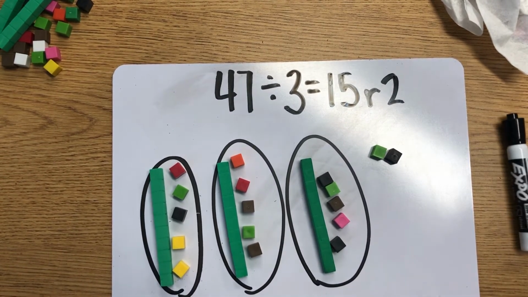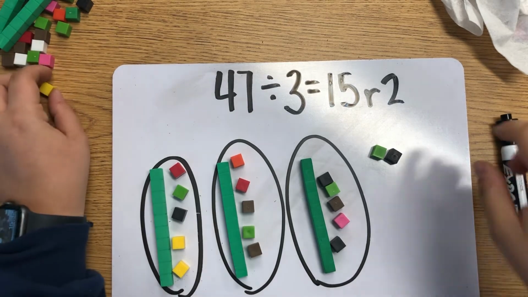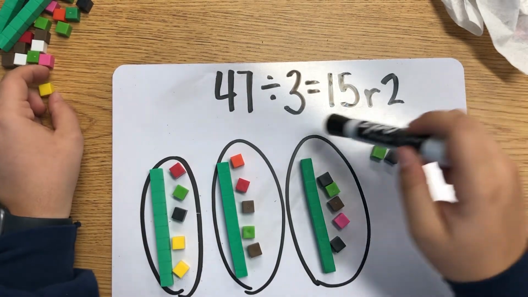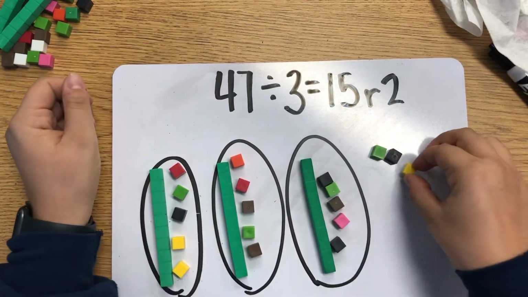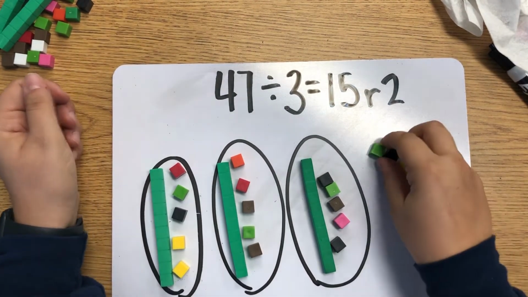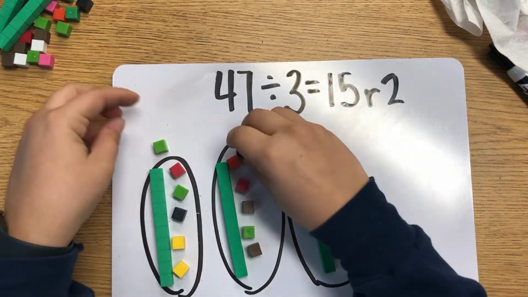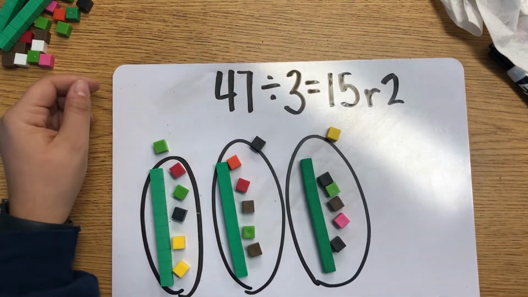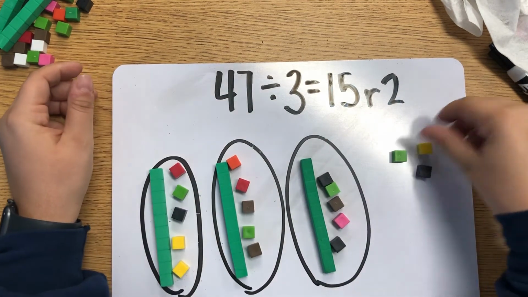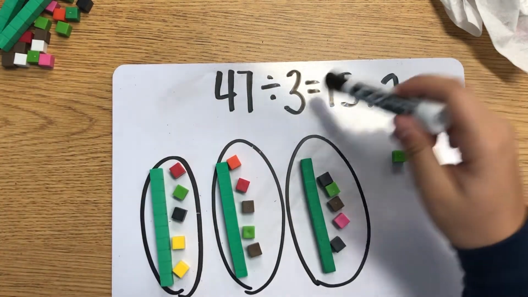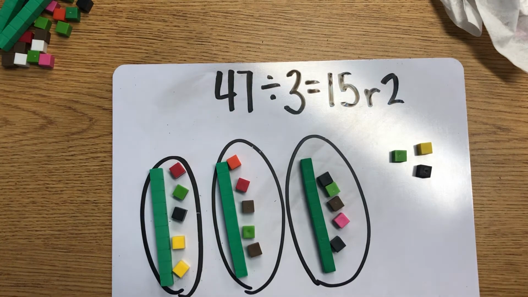I do stress to the kids that my remainder cannot be more than my divisor, because if I had 1 more unit, I could make 3 equal groups. So your remainder can never be bigger than the divisor.